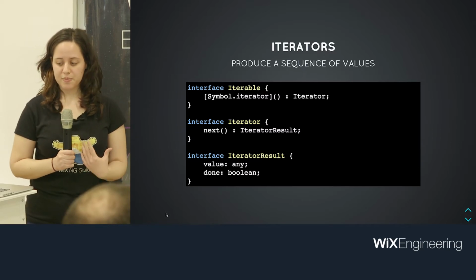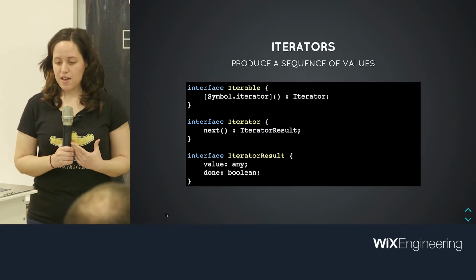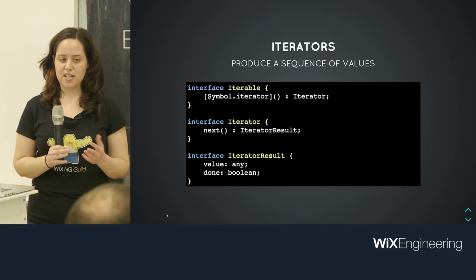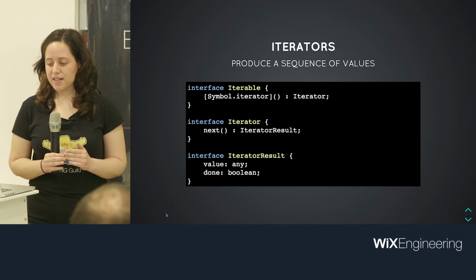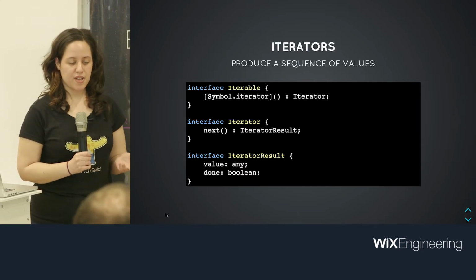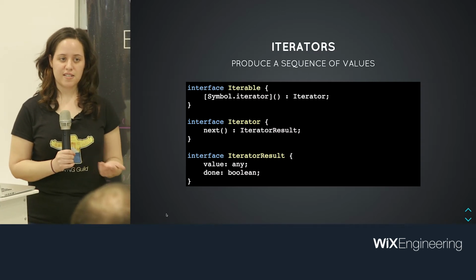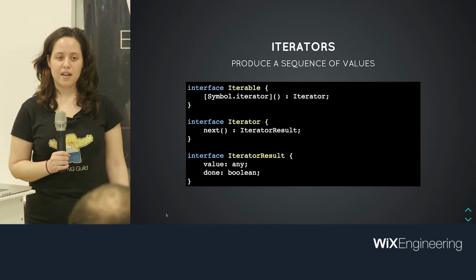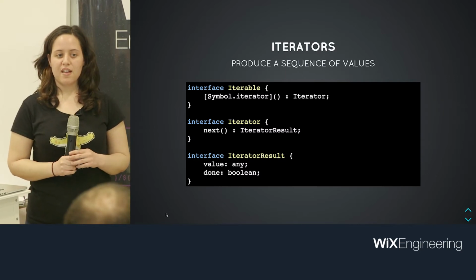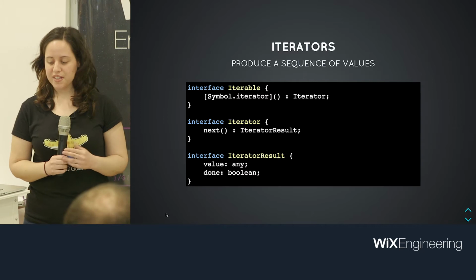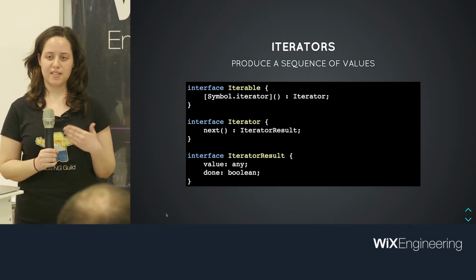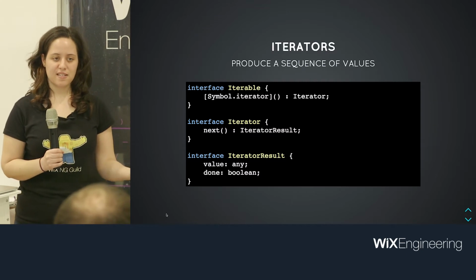An iterable has a method with the key of Symbol.iterator, which is just another constant, and it returns an iterator. The iterator has a method next that returns the next item. It returns an iterator result, and the iterator result has a value and a done flag indicating if we already produced the last item in the sequence.